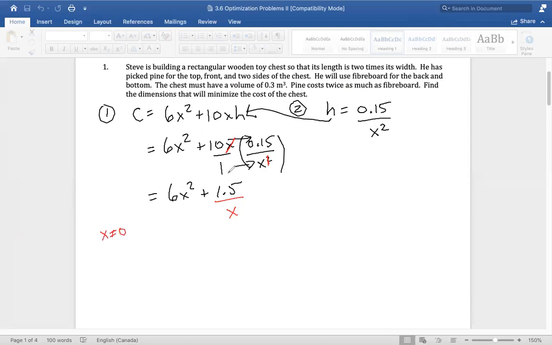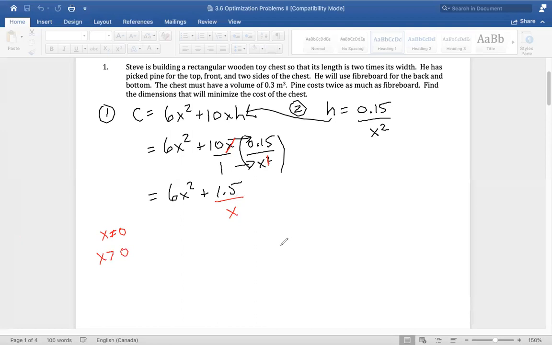But also we talked about in the previous videos just restrictions of what makes sense in the problem. Well, x is going to represent my width, right? I can't have 0 width and it can't be negative. So we already know from my restrictions that x is going to have to be greater than 0 anyways. And that's what we will also prove when we do our first and second derivatives here.